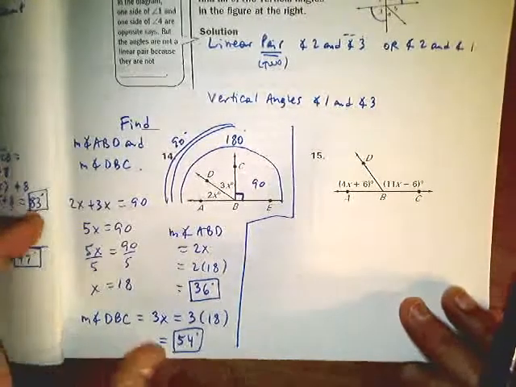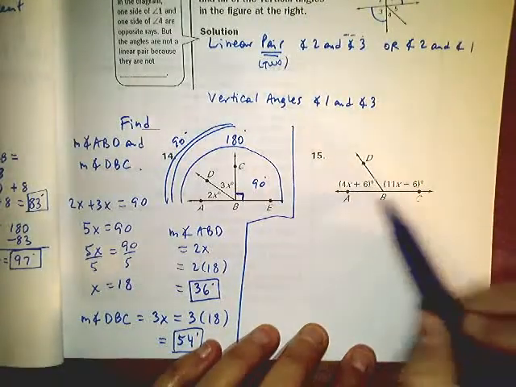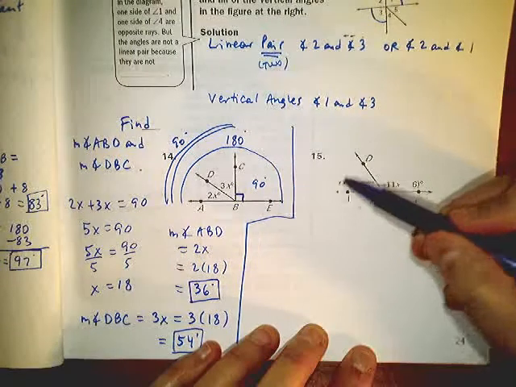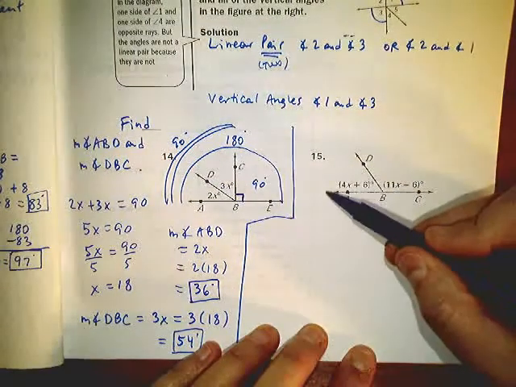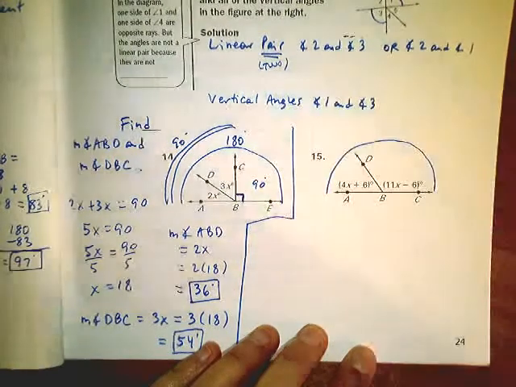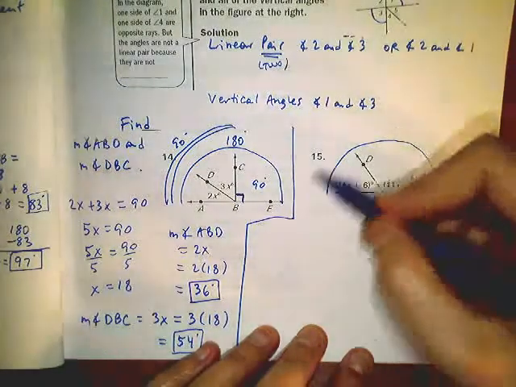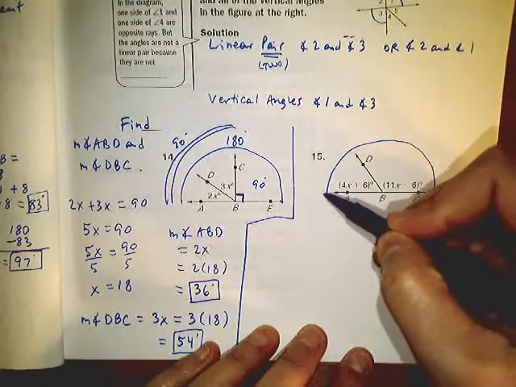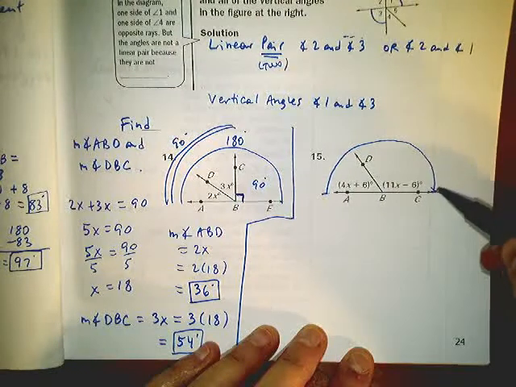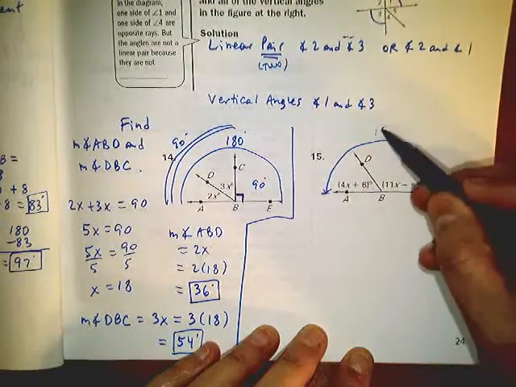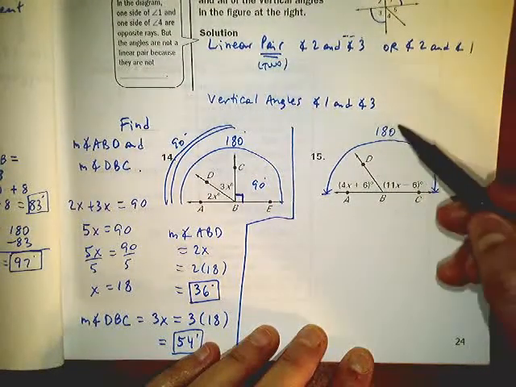What I see in number 15 is a straight line here. So I know that, just like over here, half a circle is what I see. So I know that all the way from this side over to this side is a total of 180 degrees.